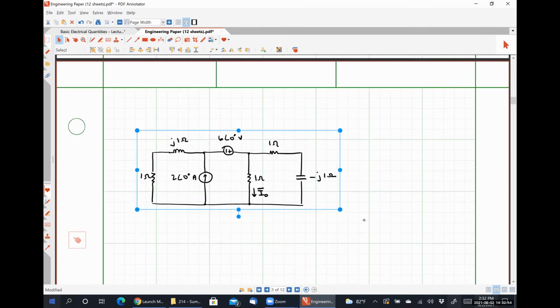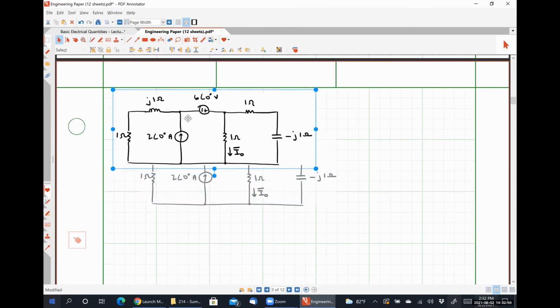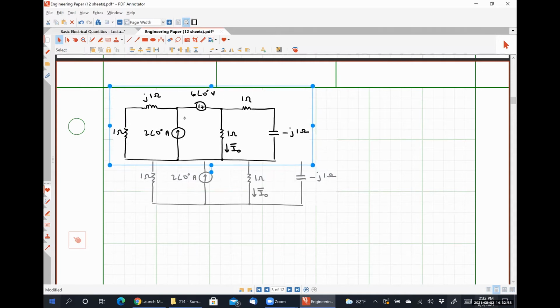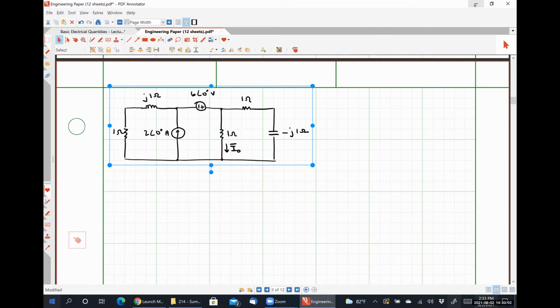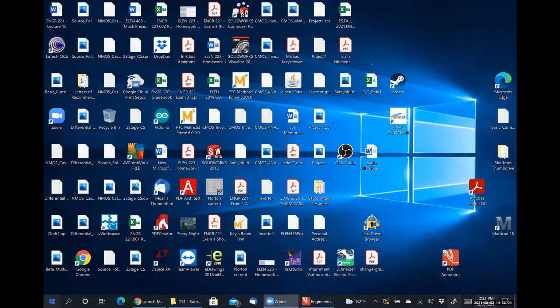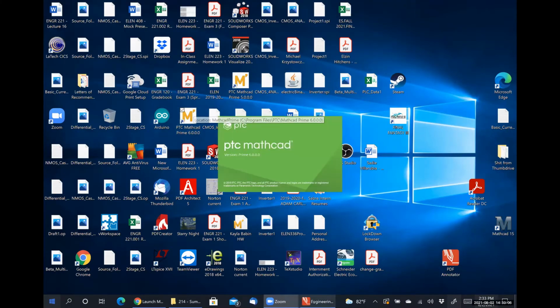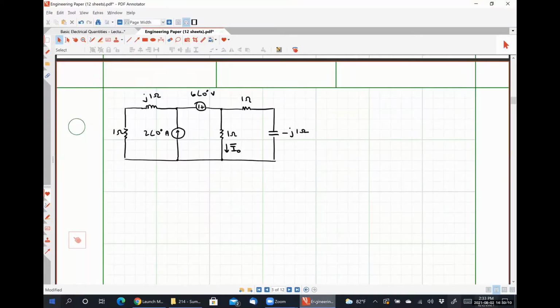And while we are setting up this analysis, I'm going to apologize. I have to show you my terribly cluttered desktop so I can start opening Mathcad. All right, so since we're going to do nodal analysis, we need to identify our nodes, and I'm going to simplify that slightly. So we have our original circuit.